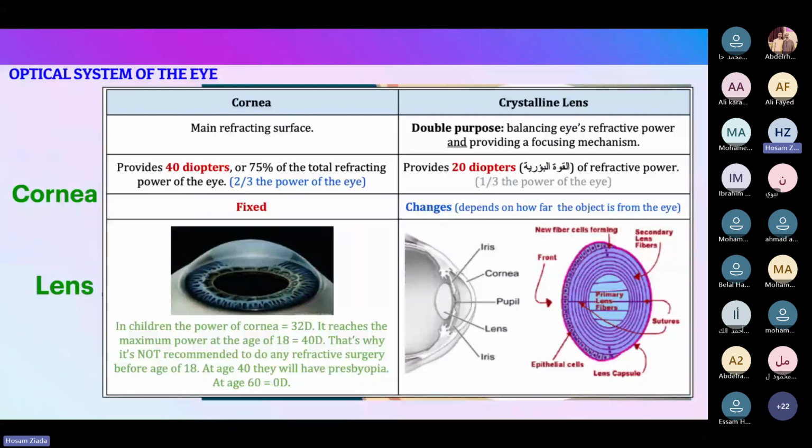That's why it's not recommended to do any refractive surgery before the age of 18. At age 40, they will have presbyopia. At age 60, there is no accommodation, zero diopters. I mean the accommodation. Okay.